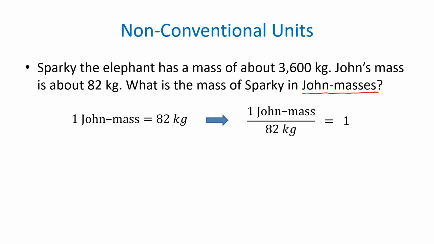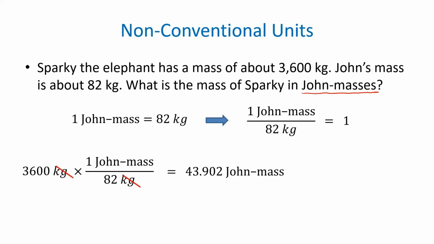Here would be our conversion factor. Following the same steps as before, 3,600 kilograms multiplied by our conversion factor. Our kilograms cancels out. The result is 43.902 John mass. Later, again, we'll talk about appropriate digits to report. In this case, it would be 2. So we'll round that up to 44 John masses.